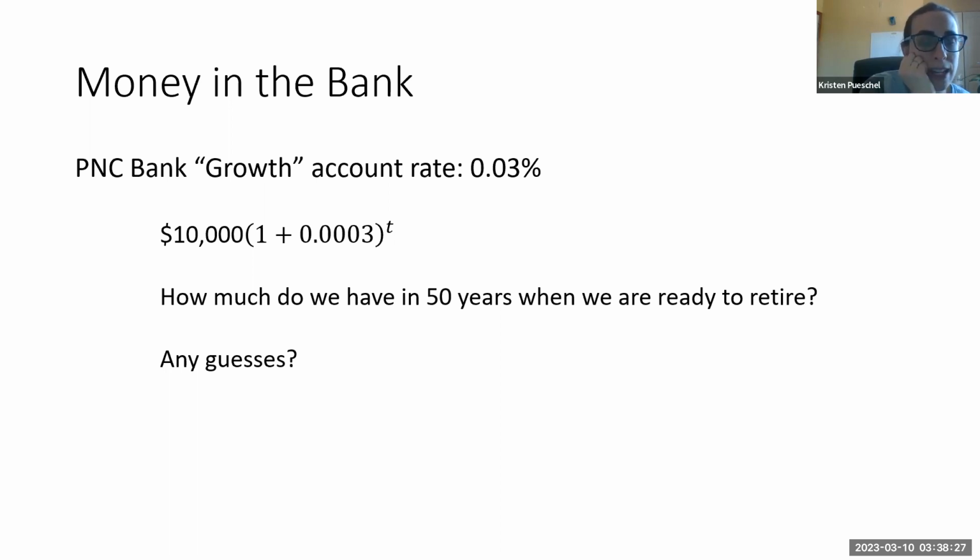We need to convert that into a decimal. This is going to give us our base, 1.0003. We take our principal, or that initial amount, times 1.0003 to the T.